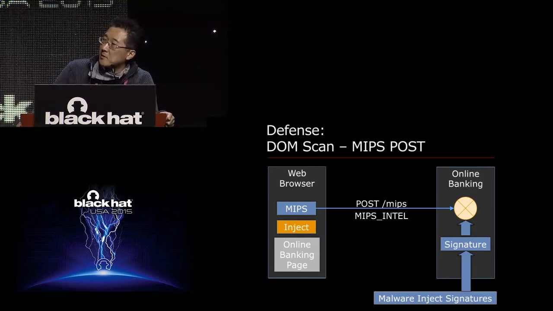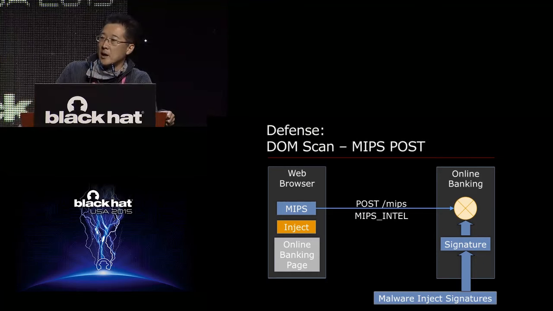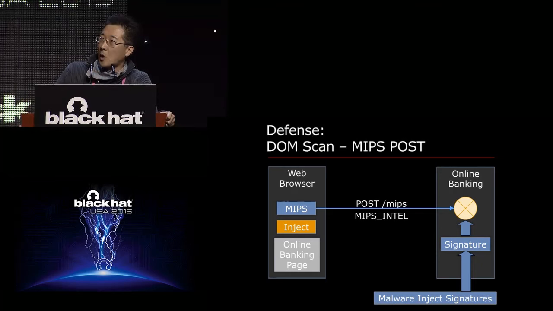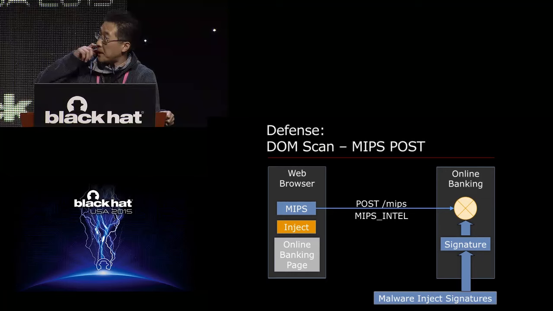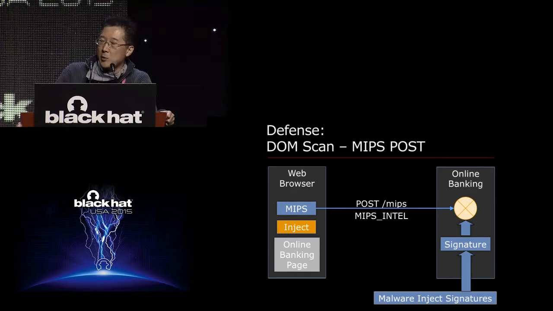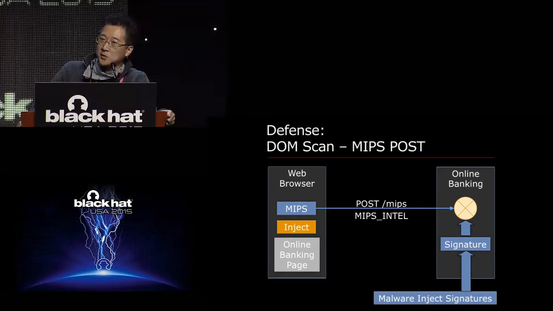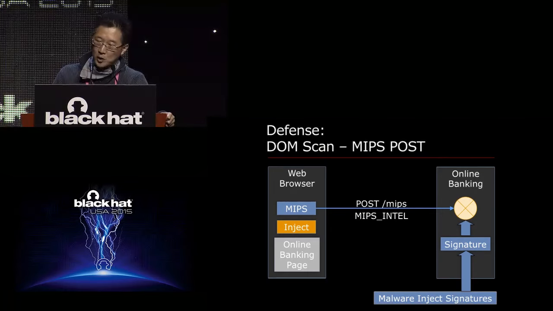Also, on the server side, we have to maintain the actual signatures, because it's possible that third-party web browser plugins can also inject stuff into the page. But anyway, it's important to maintain the signatures on the server side to reduce the false positives.